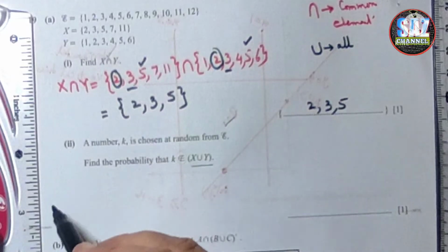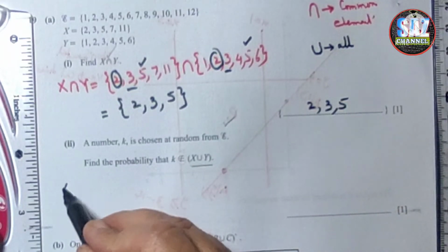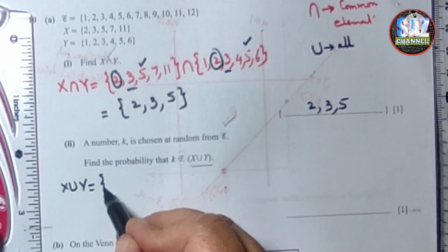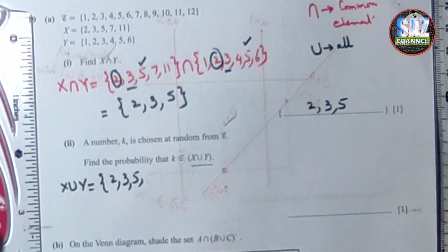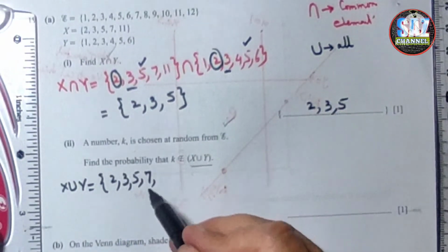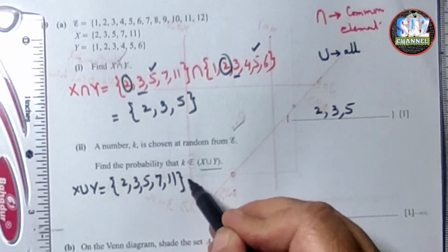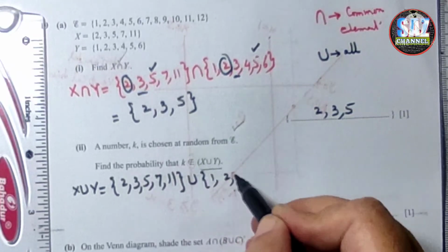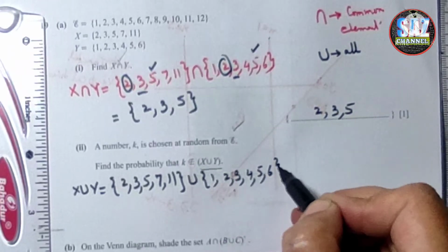So it's better to perform working here that X union Y will be equal to {2, 3, 5, 7, 11} union {1, 2, 3, 4, 5, 6}.